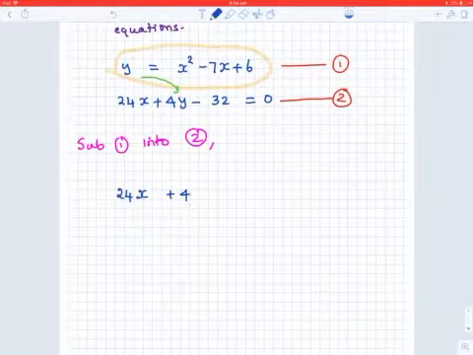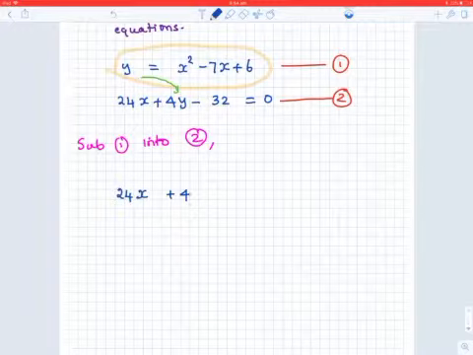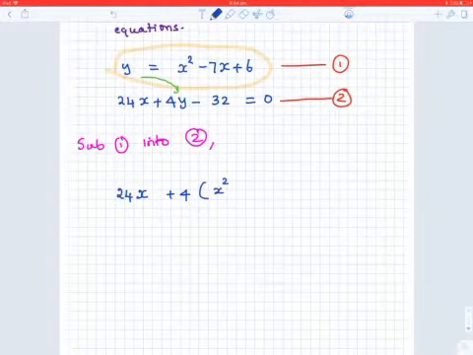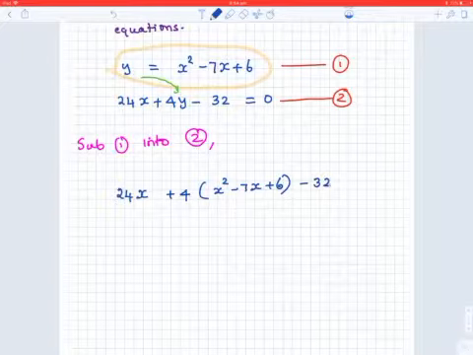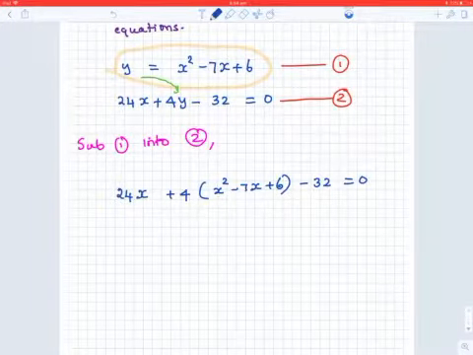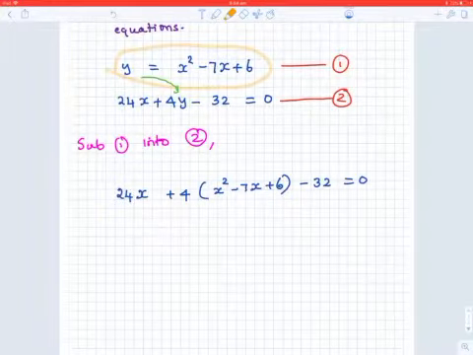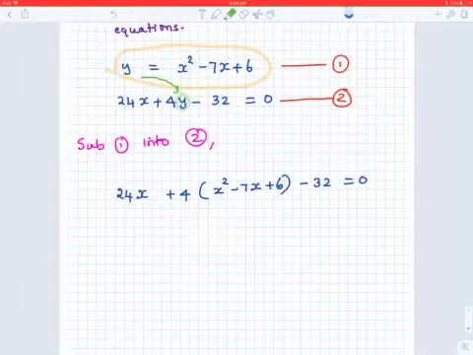So literally I have to write equation 2, which is 24x, I can't do anything with that, plus 4, y can be replaced by x squared minus 7x plus 6, and then of course minus 32 equals 0.